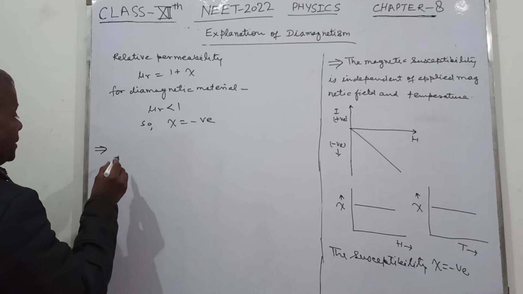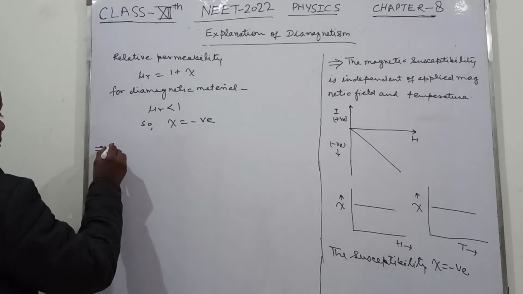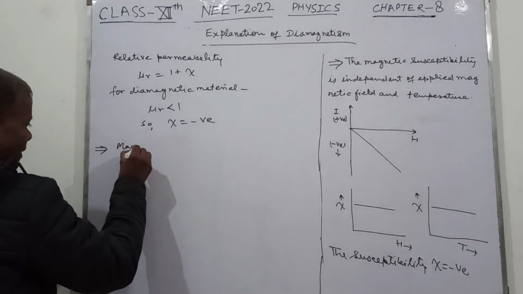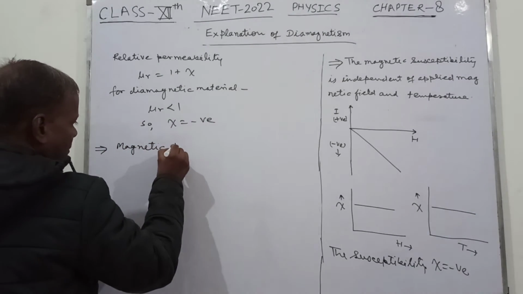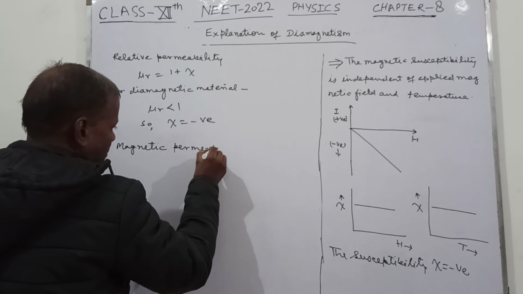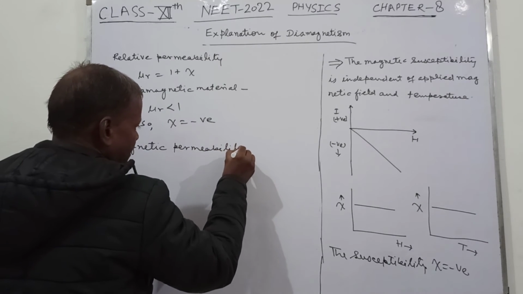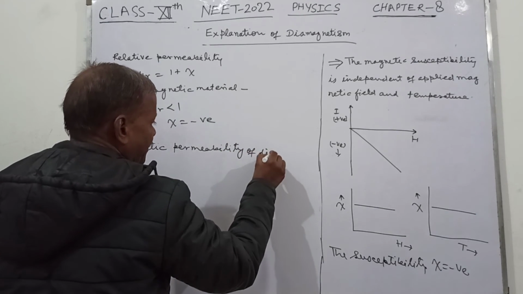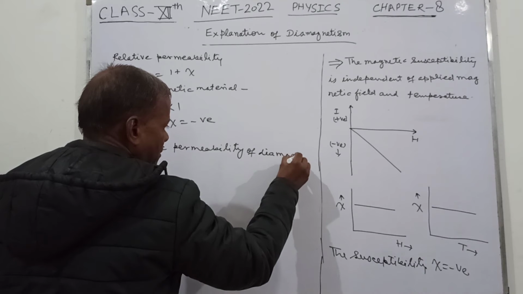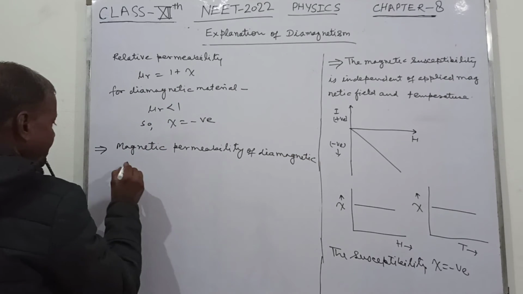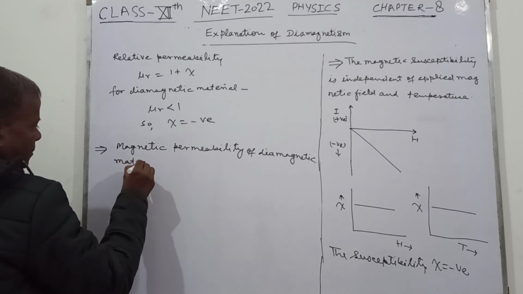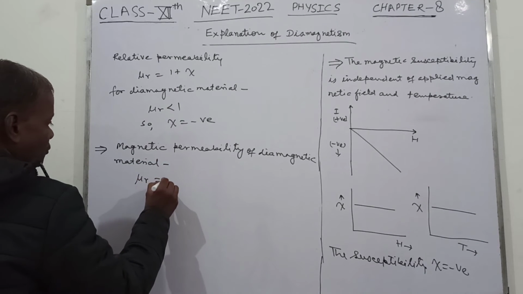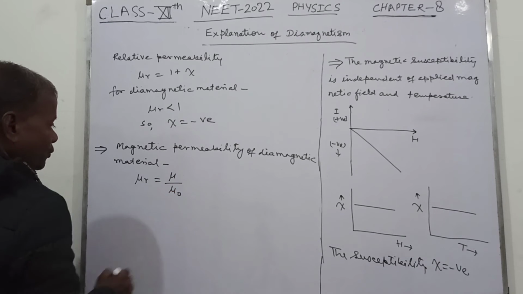And also we can consider the magnetic permeability of the diamagnetic material. As we have, mu r is equal to mu upon mu naught.